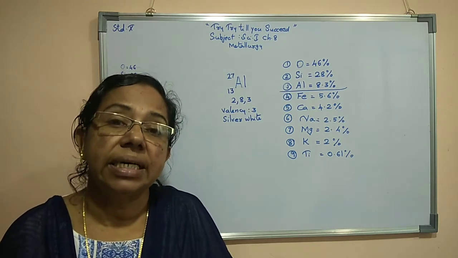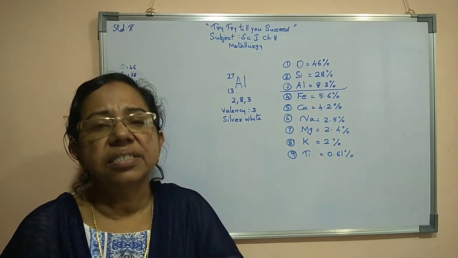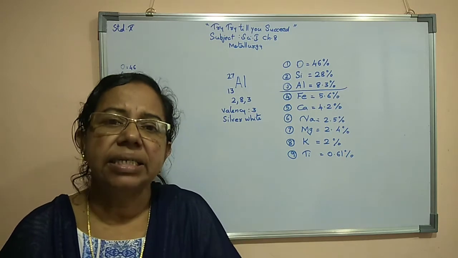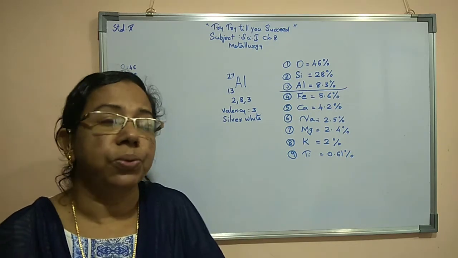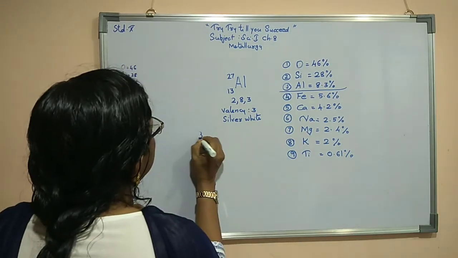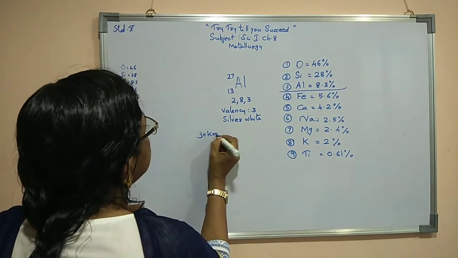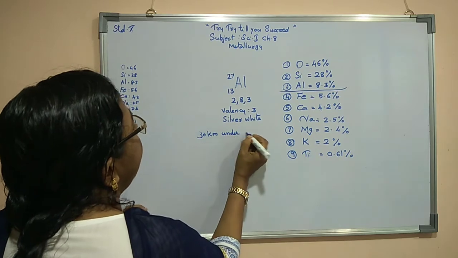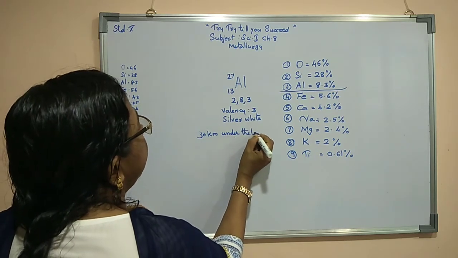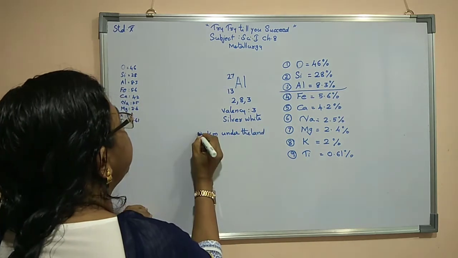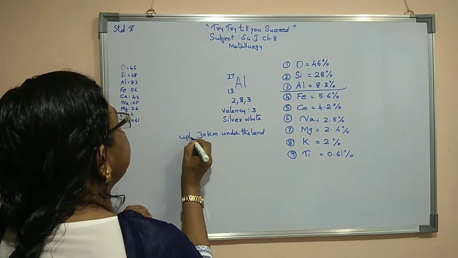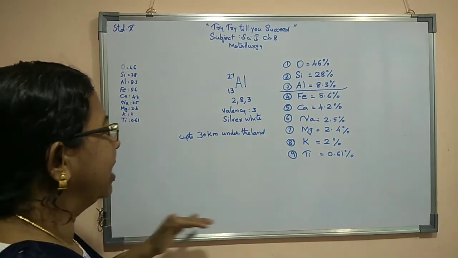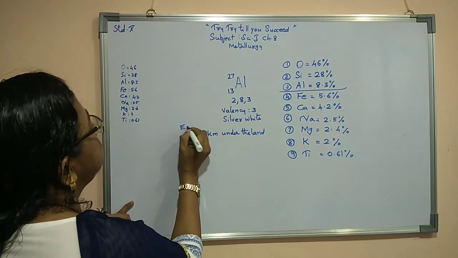Now what is Earth's crust? Earth's crust means under the earth up to 30 kilometers under the land.